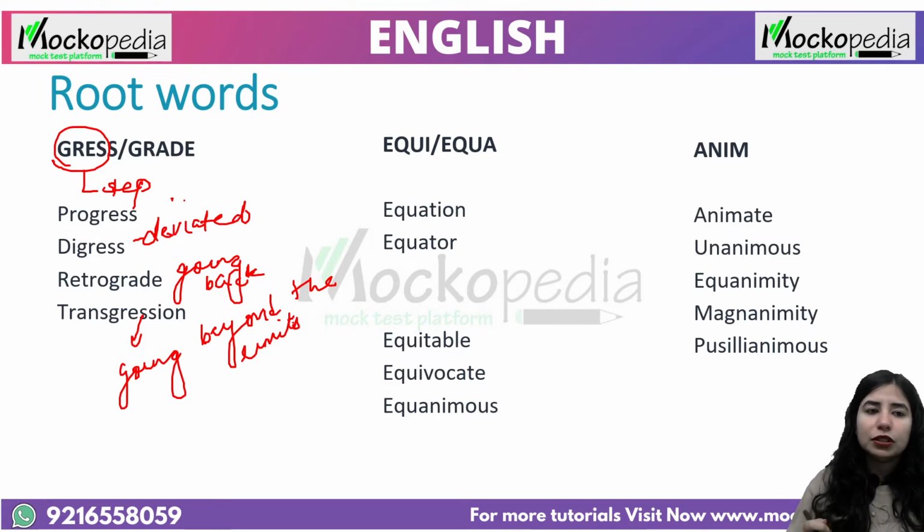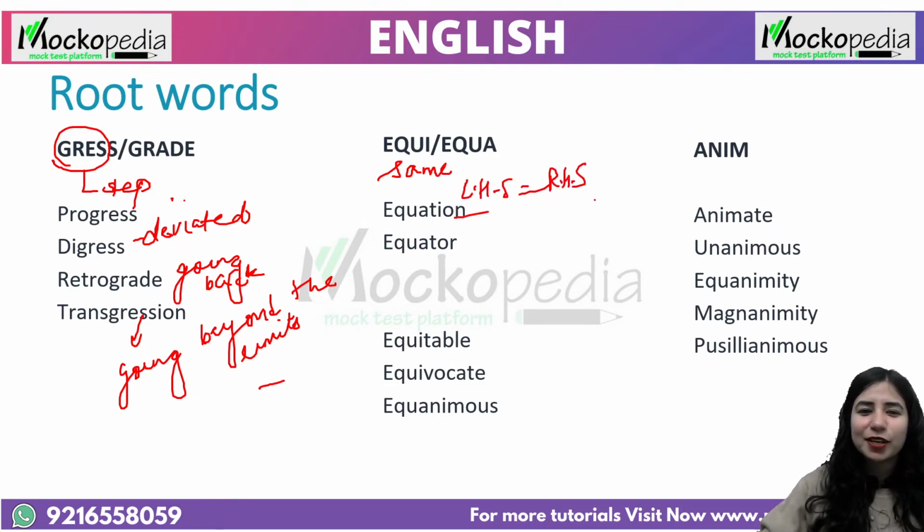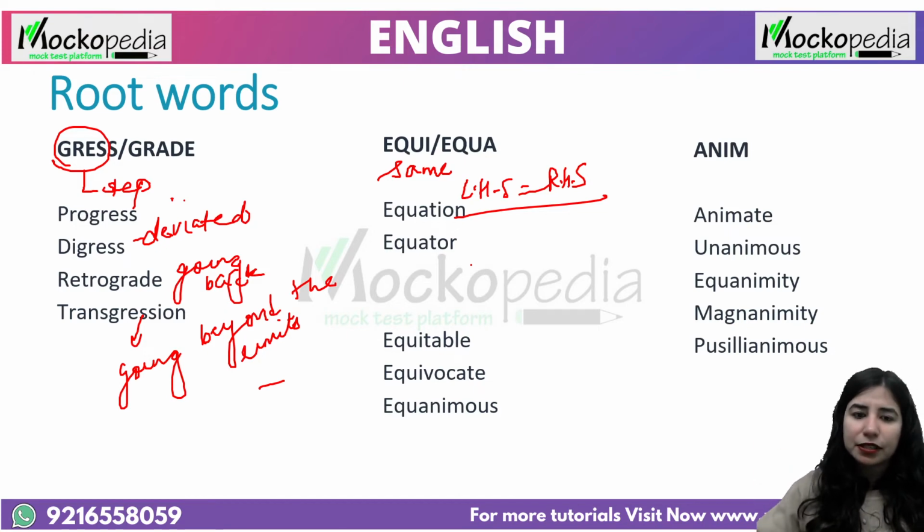Let's come to the next set, which is equi. So let's see, what do we mean by equi. Equi means same. Equation, you must have done LHS is equal to RHS, right? So that's an equation that you create. Equator, that's the line that passes through the center of the earth. So northern hemisphere, southern hemisphere, same, right?